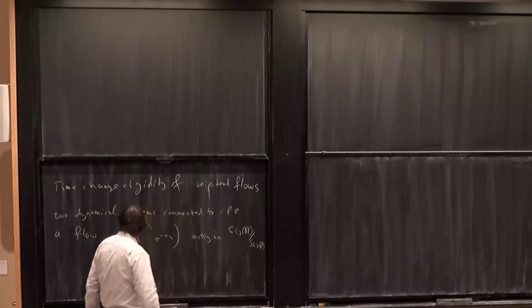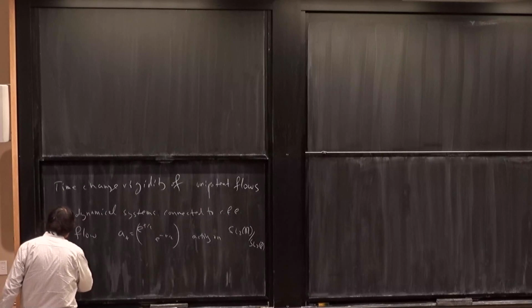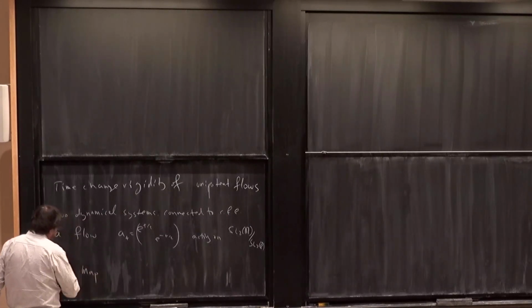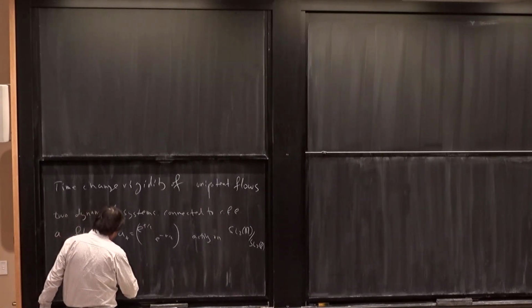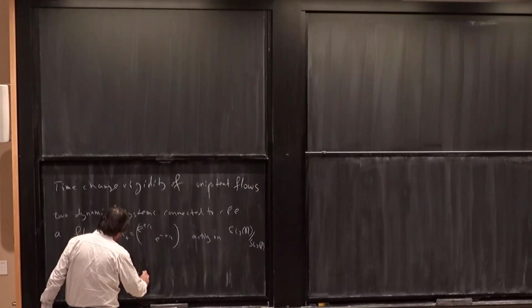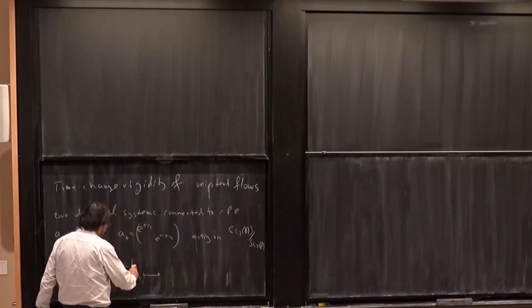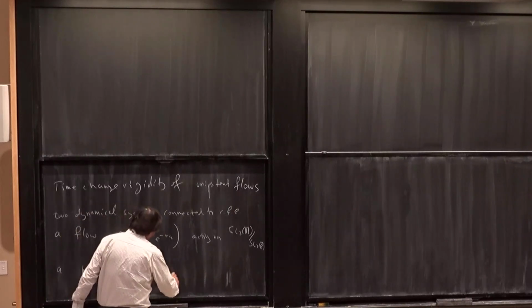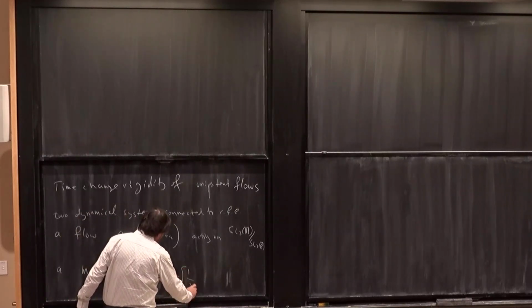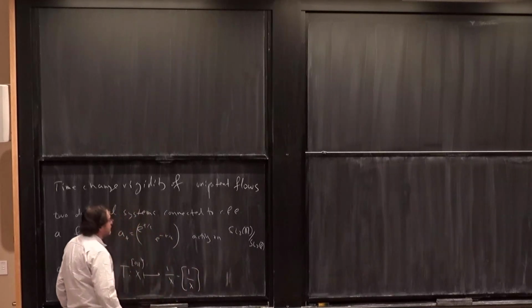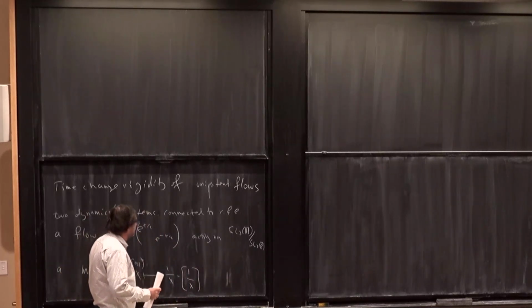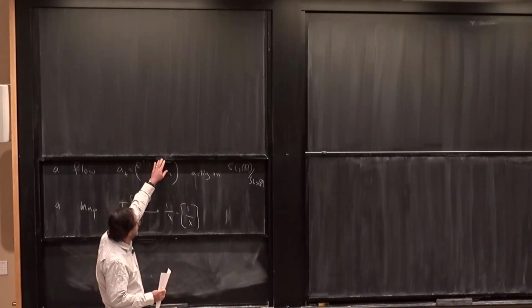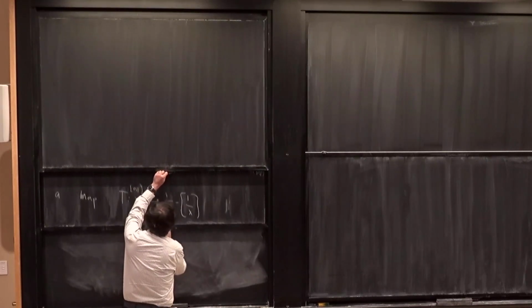So that was one of them. And another was a map T, which took x from 0, 1 to 0, 1, that took x to 1 over x minus the integer part of 1 over x. So one of them is an action of R, one of them is an action of Z.